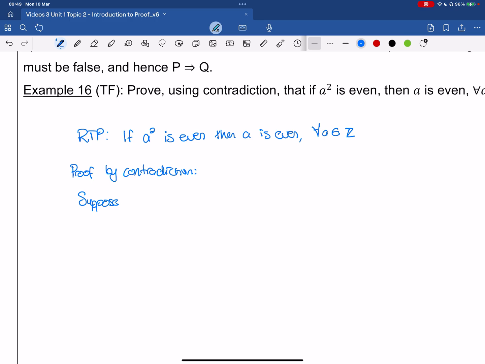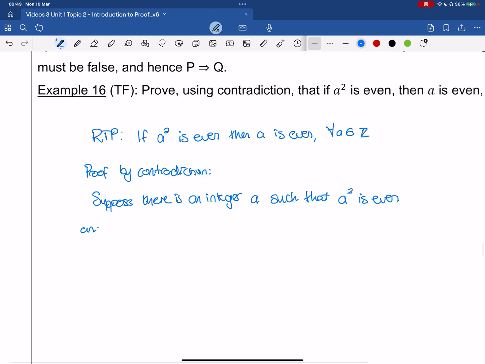that there is an integer a such that a squared is even and a is not even. All right.